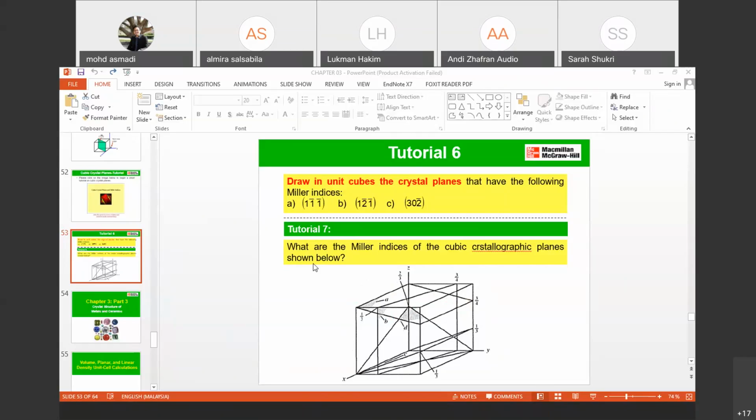I think it's infinity. Okay. y negative 1.